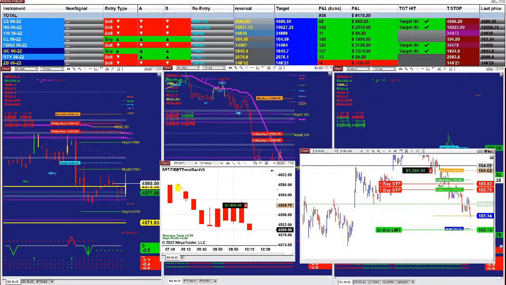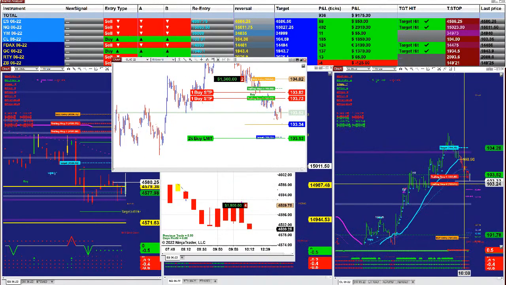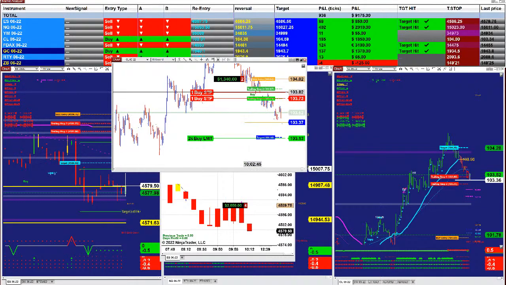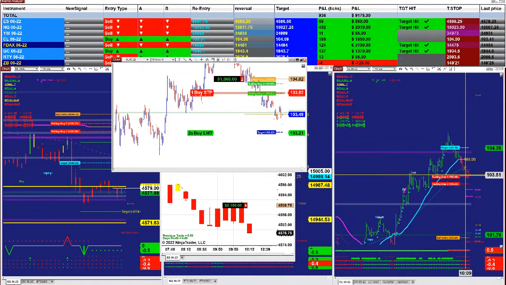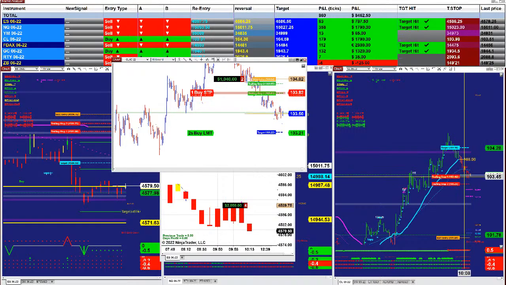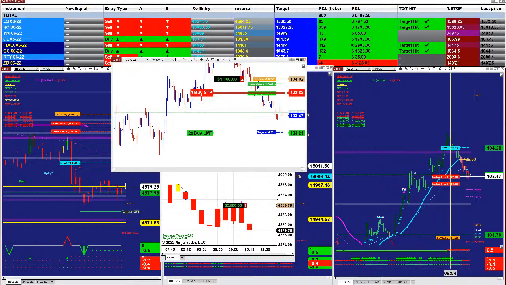If we notice here on the CL, because it broke that line, now there is a good potential to go above the 1,500, because this is what I was concerned about. This green line right there, the projection at 103, and if you see, it's still dancing around that number, around that line.